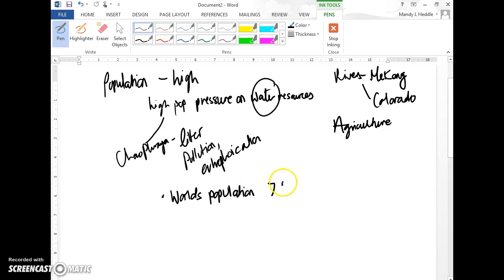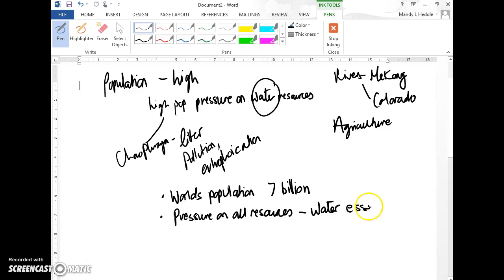Recently reached 7 billion. And then obviously this is putting pressure on all resources, and water being one of them, or fresh water.